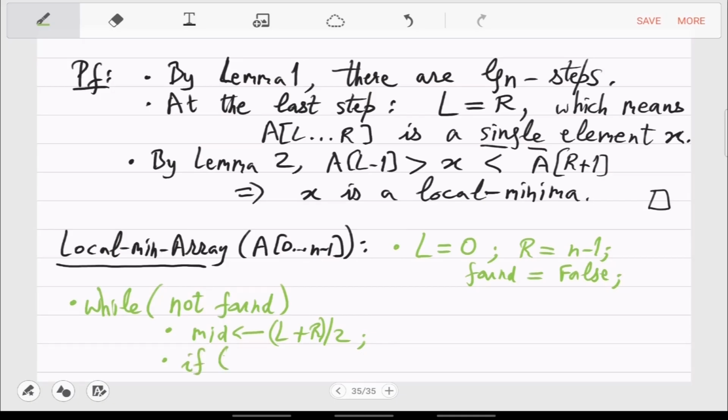If A[mid] is local minima, then you will say found is true, so that you go outside and break the while loop.